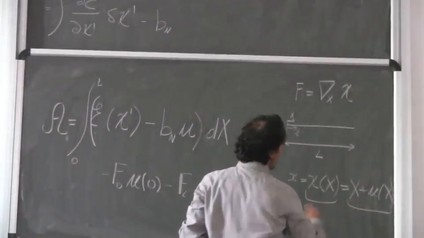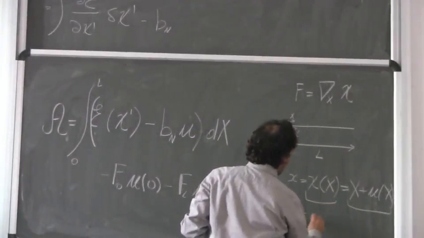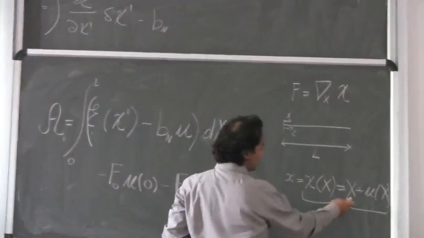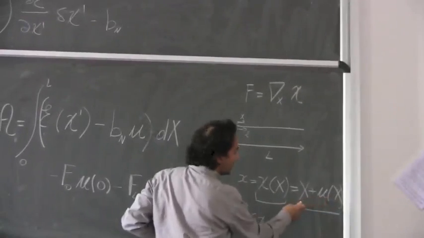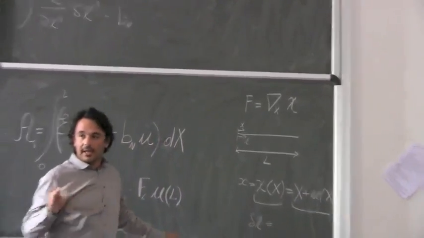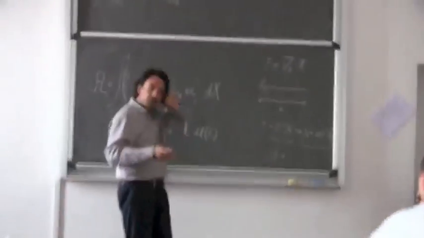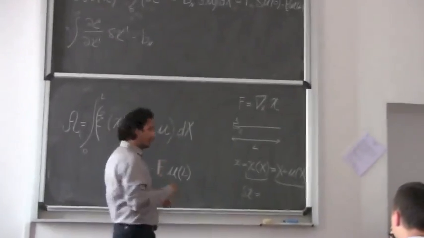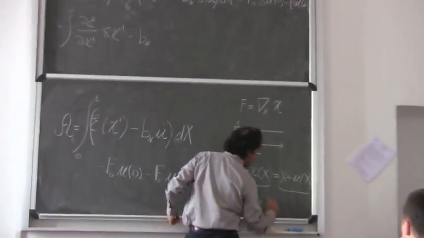From here, delta t is equal to delta x plus delta u. But delta x is 0, because you don't vary x when you make a variation, because you vary only t. So delta t is equal to delta u.